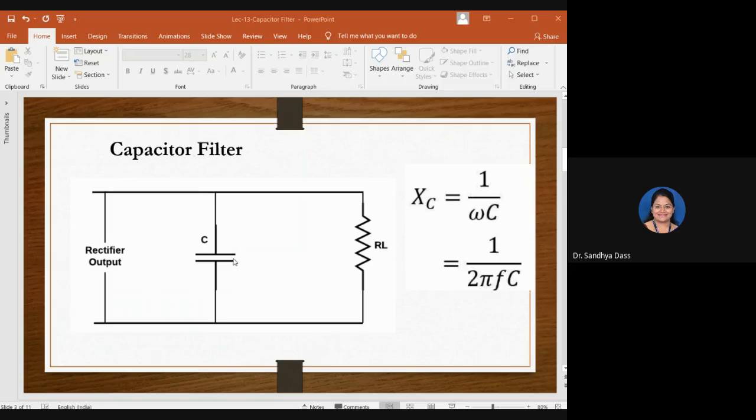Once it is completely charged, the voltage at this point, which is the cathode of the diode in the rectifier circuit, will be more, right? That is the moment when the diode will turn off, and the capacitor, which is completely charged now, will continue to discharge via the RL.